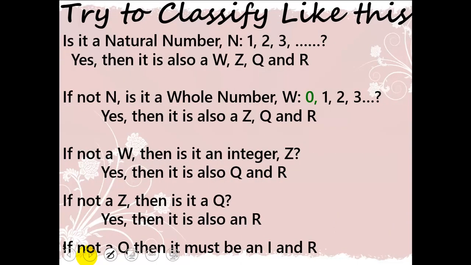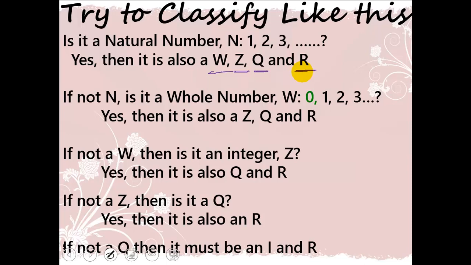So when I classify, I'm going to do kind of a think aloud for you. These are the questions that I'm going to ask myself. Okay? I'm going to start by asking myself, is it that smallest subset? Is it a natural counting number? Well, if it's an N, then we know for sure that it also has to be a W, it has to be a Z, it has to be a Q, and it has to be an R. So if it's an N, then it's also a W, a Z, a Q, and an R. Whole, integer, rational, real.